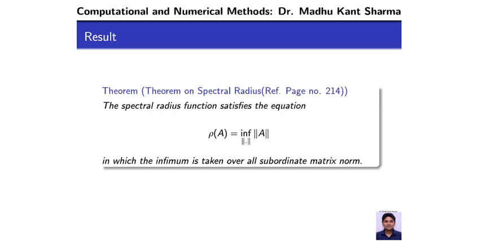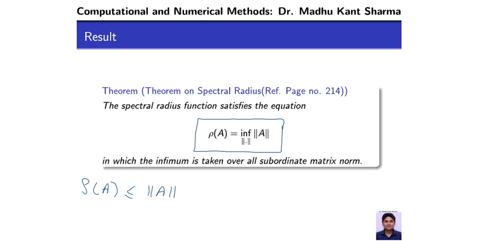So this is an important result which we are going to use. The spectral radius function satisfies the following equation, in which the infimum is taken over all subordinate matrix norms. One way we have already proved: the spectral radius of A is always less than or equal to any subordinate matrix norm you consider.